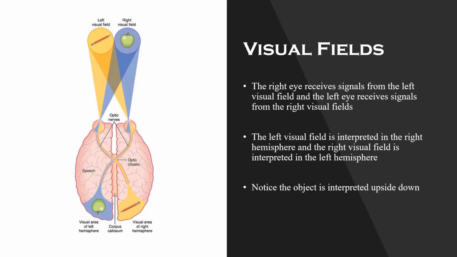The object is interpreted as opposite and upside down. So you'll see that the green apple is on the occipital lobe of the left hemisphere, but it's now been turned upside down and around. Same with the pencil.